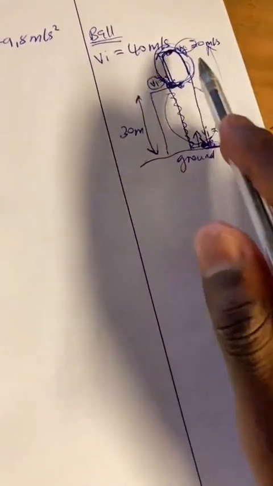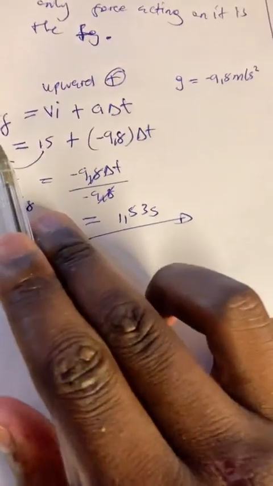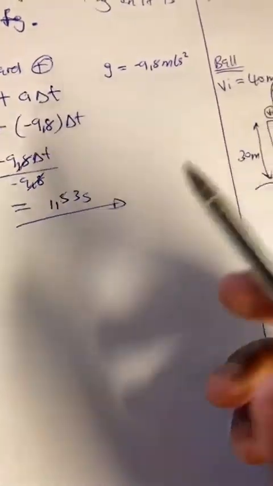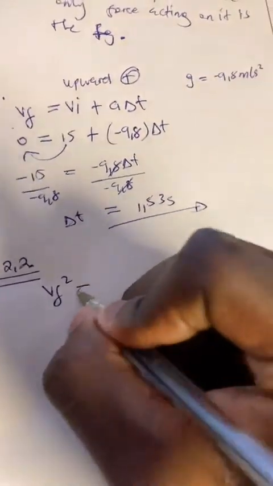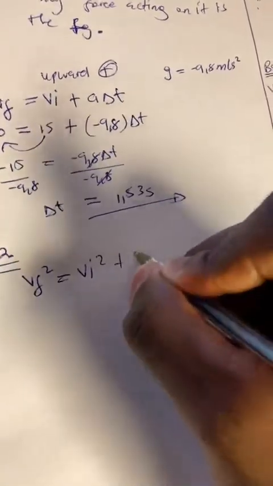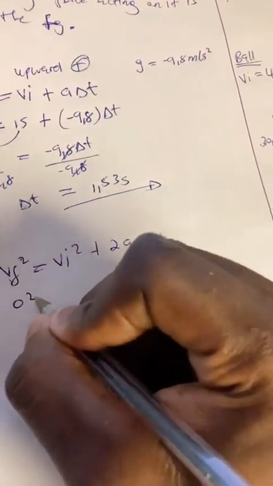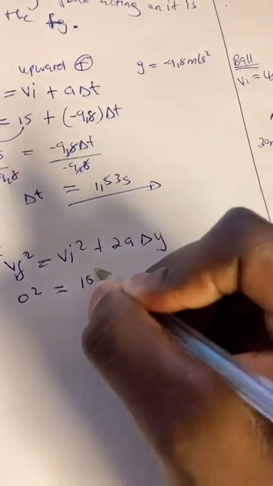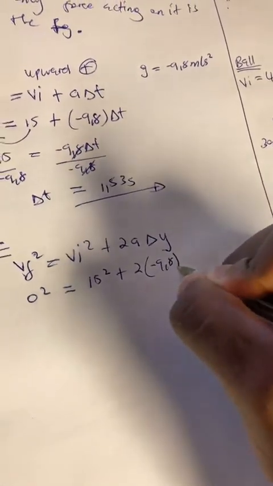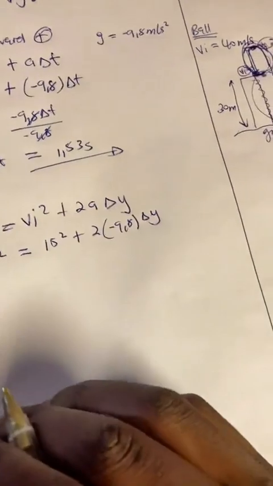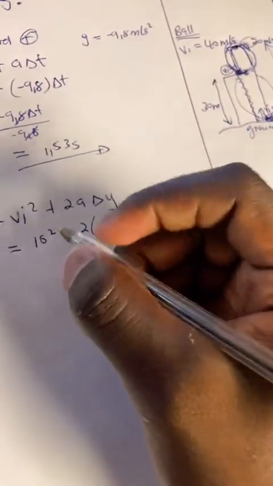In order to find that height, we already have time, we already have V final, we already have V initial. So let us find it. VF squared is equal to VI squared plus 2a delta Y. So 0 squared is equal to 15 squared plus 2 times our acceleration, negative 9.8, multiplied by delta Y, which is what we want. 0 squared is 0, and 15 squared is 225.